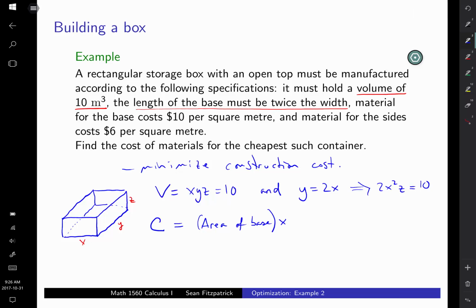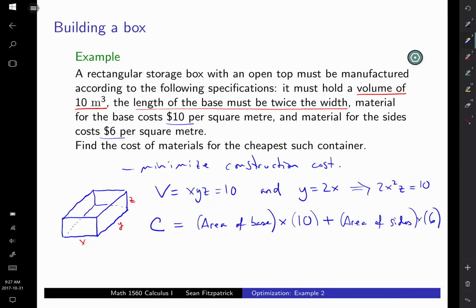So the area in square meters times the cost of 10, right? In dollars, we're not going to bother with the units. So that's the cost of manufacturing the base plus the area of the sides times the cost of building the sides, which is 6, right? So we've got the 10 for the base, 6 for the sides.